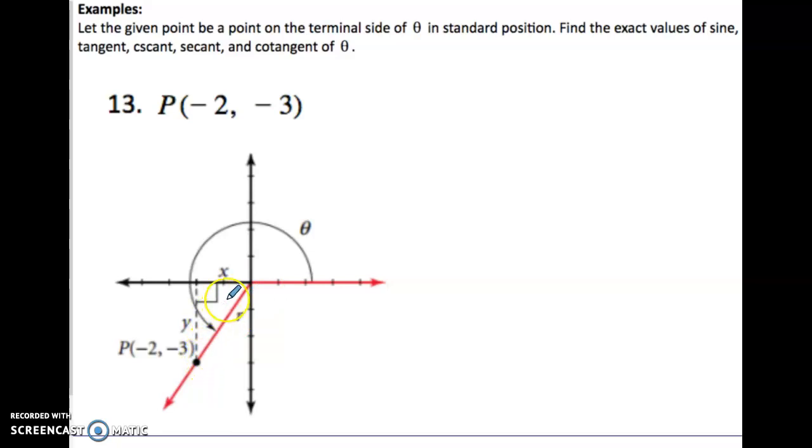And I'm going to really quickly fill in all the details of this triangle. So it's 2 units this way and 3 units this way. And then the length of the hypotenuse, we use the Pythagorean theorem, so you've got 2 squared plus 3 squared is 13. Take the square root of that, and it's the square root of 13.